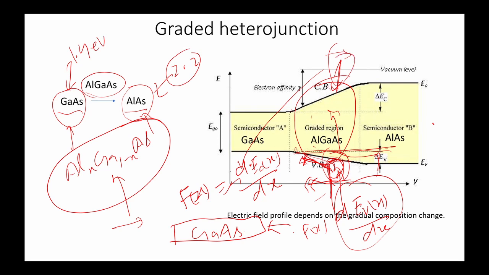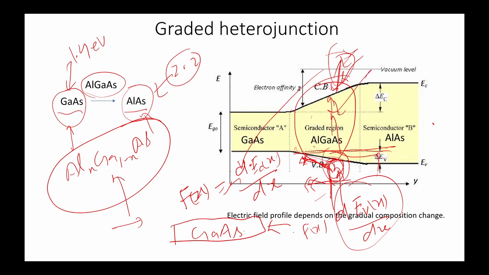We can make such types of junctions. A constant electric field is there in homojunctions or metal semiconductor junctions that we have seen. It can also be a linear electric field: if the dependence is parabolic, then the electric field will be linear.